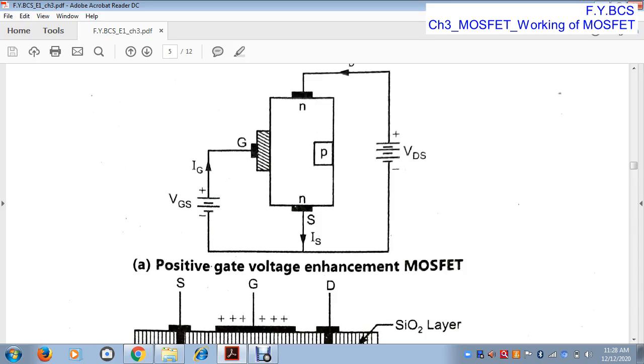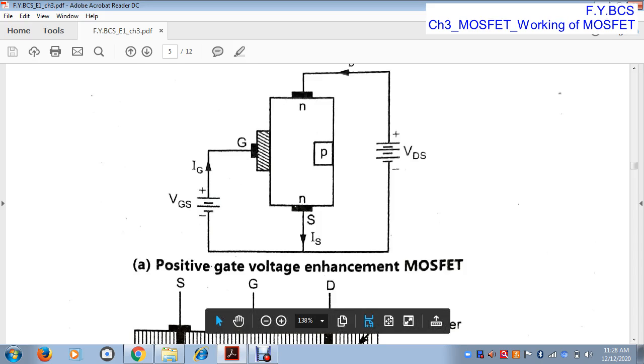That means a channel is formed from source to drain. If we increase the voltage, then more electrons will be attracted towards the gate.